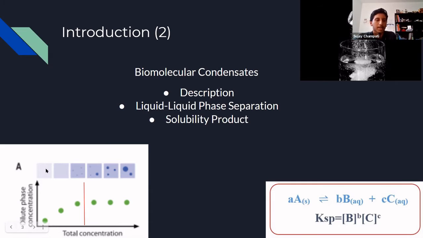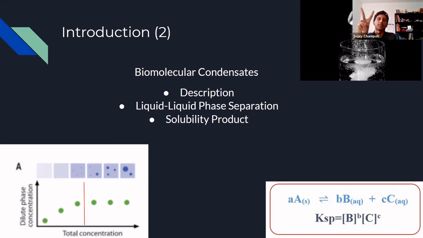If I kept adding molecule A, the concentration, which means how much molecule A is there per unit volume, is going to increase. Beyond this threshold concentration, molecular clusters start to form. Eventually, these big blue droplets are molecular clusters of molecule A.